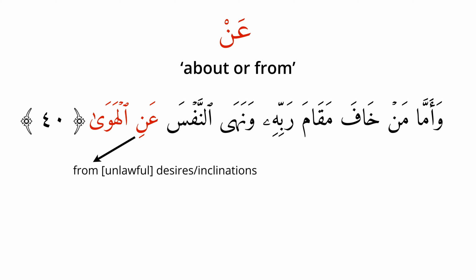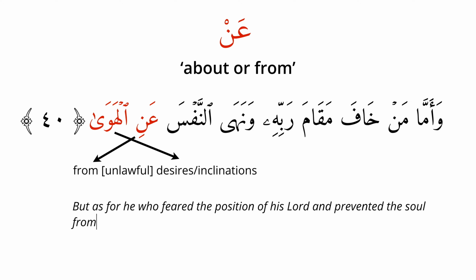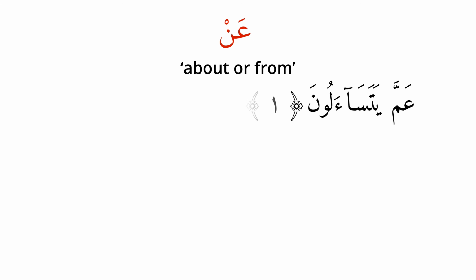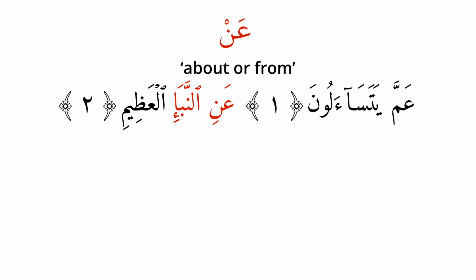An means from and al-hawa means the desires. The translation of this verse is, but as for he who feared the position of his Lord and prevented the soul from unlawful inclinations.